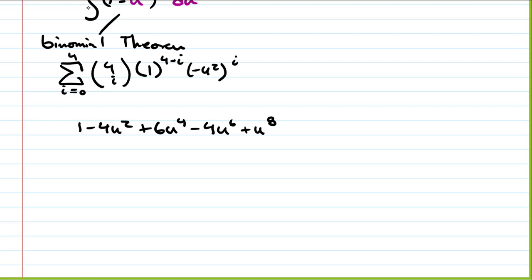And that is going to be our expansion using the binomial theorem.